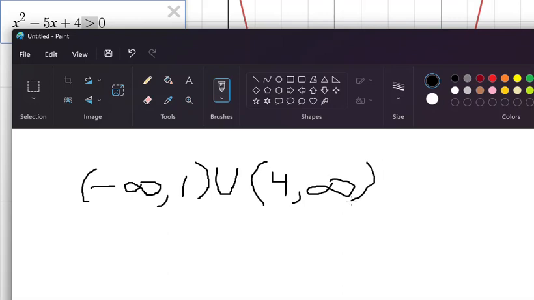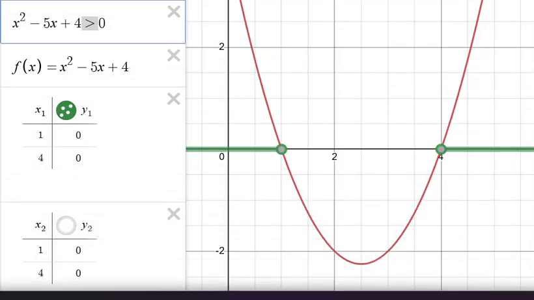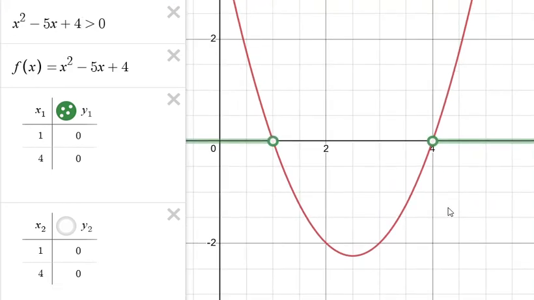Okay, so that's going to be my solution for this example. So negative infinity to 1, union 4 to infinity. We see how that is displayed here in the graph as well.